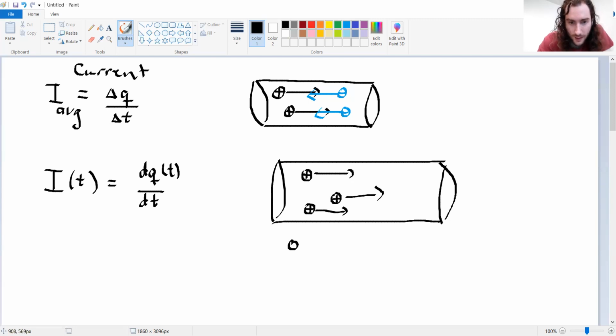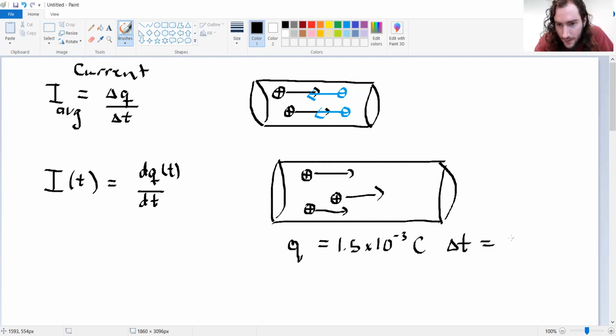Okay, let's suppose that we have roughly 1.5 times 10 to the minus 3 coulombs worth of charge passing through a cross section of a wire in a delta t of roughly, let's say, 45 milliseconds.